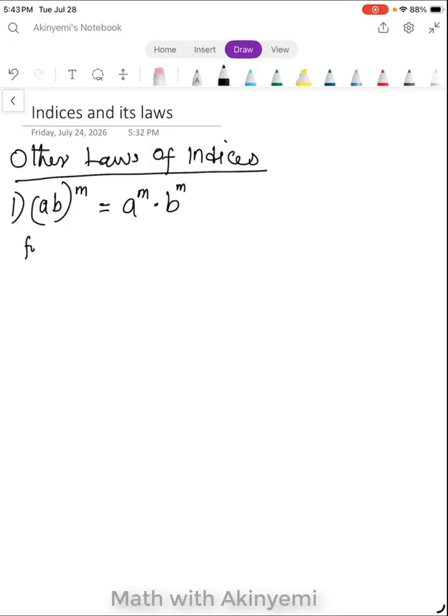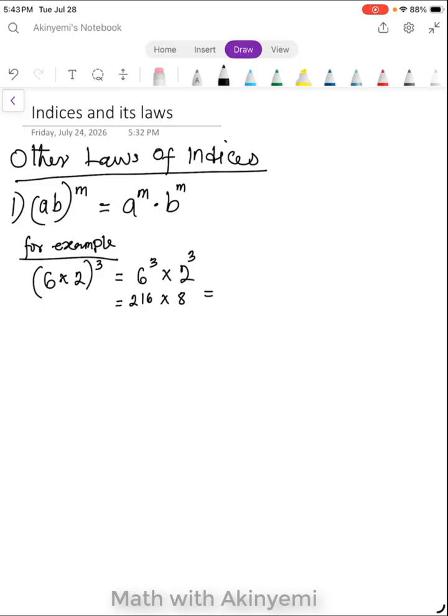Let's do an example. For example, 6 times 2 raised to power 3 is the same thing as saying 6 raised to power 3 times 2 raised to power 3. And then this is going to give us 8, and this is going to give us 216.